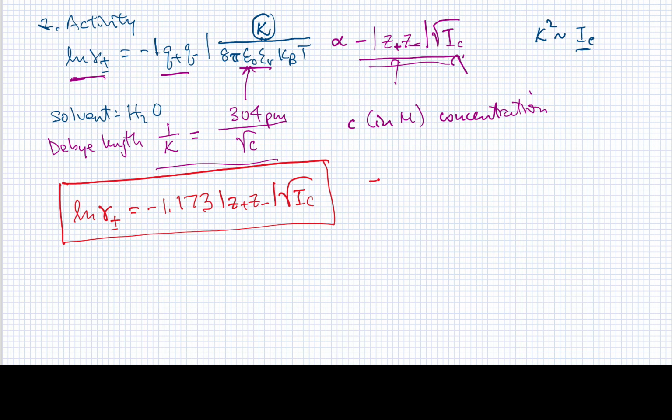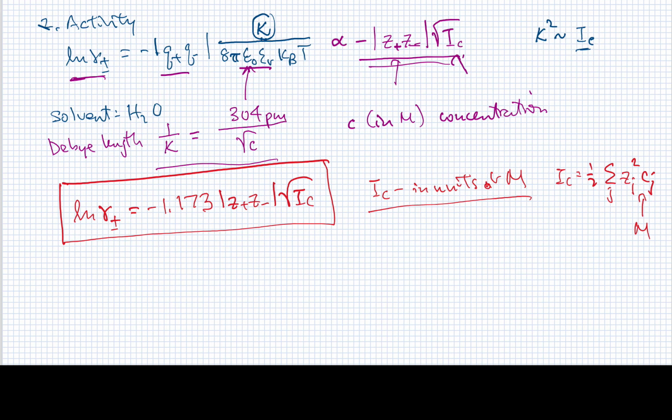I should note that I_c here is in units of molarity. Okay, because remember, its definition is on the previous page. Its definition of Zj squared times Cj, the Cj's here are in units of molarity for this particular formula.